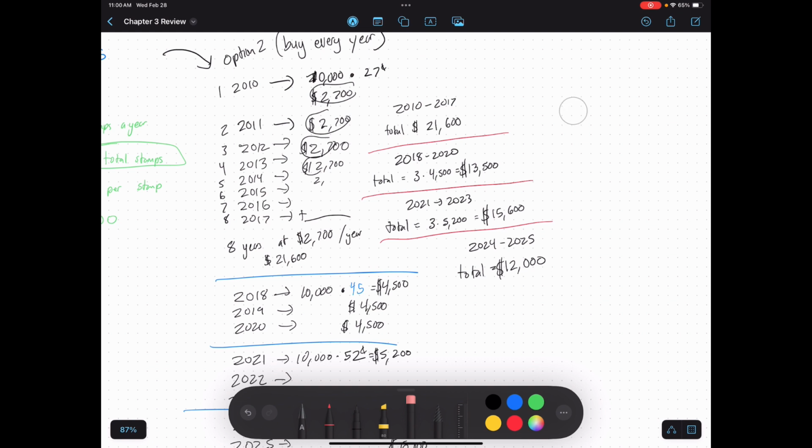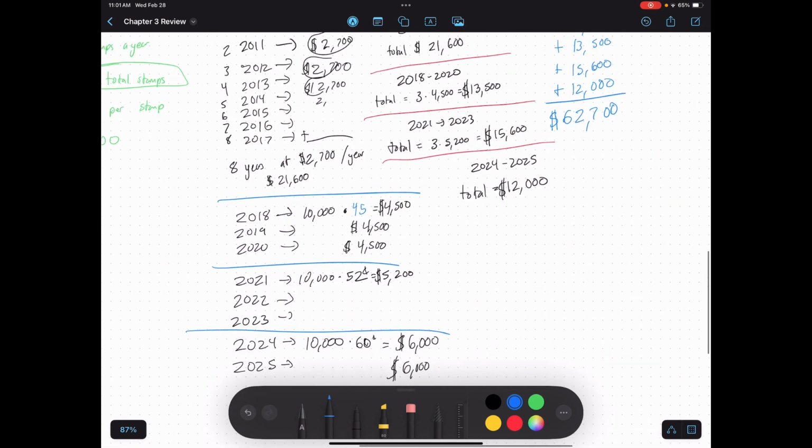So I'm going to do 21,600 plus 13,500 plus 15,600 plus 12,000. So let's see what we get. I get $62,700.